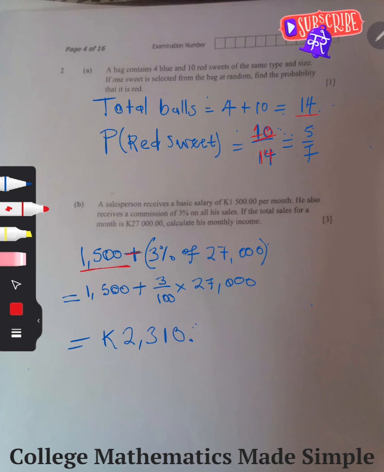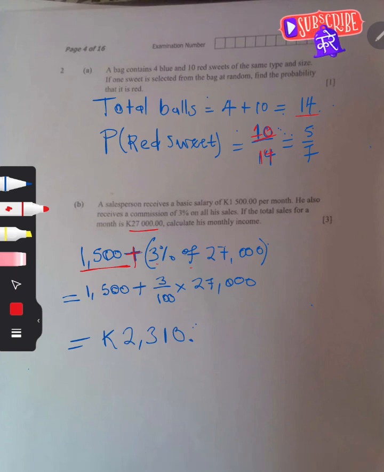Now we are going to sum. What are we adding? We are told that he also receives a commission of 3%. So he takes 3% of the total sales, and the sales that he made is 27,000. So 3% of 27,000, which is just 3 over 100 multiplied by 27,000.